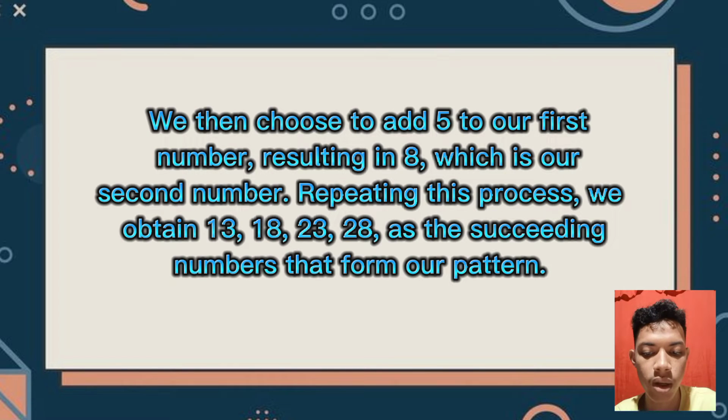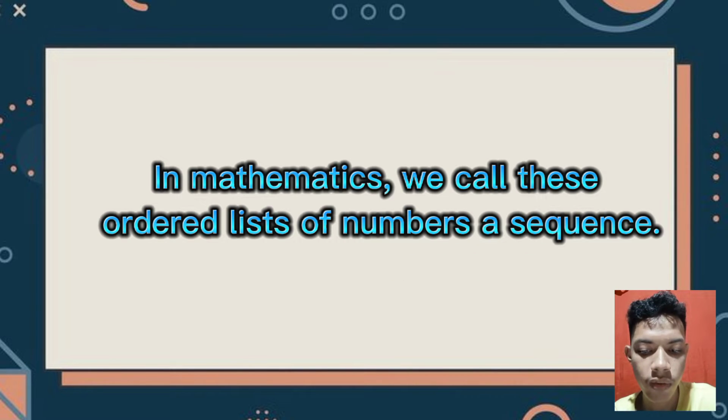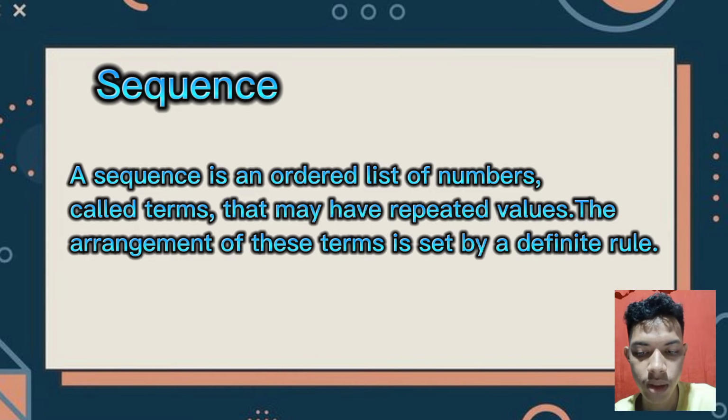We then choose to add 5 to our first number, resulting in 8, which is our second number. Repeating this process, we obtain 13, 18, 23, and 28 as the succeeding numbers that form our pattern. We call this ordered list of numbers a sequence.